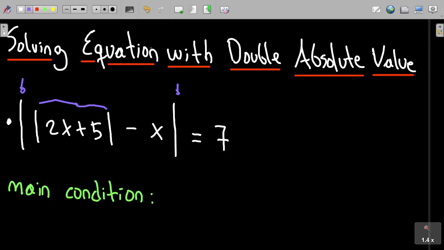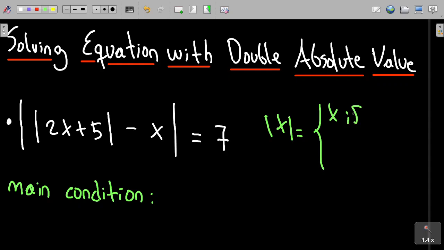So the main condition will be the condition of the absolute value which is inside the second absolute value. So this will be the absolute value that we are going to condition first. We can choose the main condition that we want. Remember the definition of absolute value of x: it is x if x is bigger or equal than 0, and it is negative x, the opposite of x, if x is less than 0.